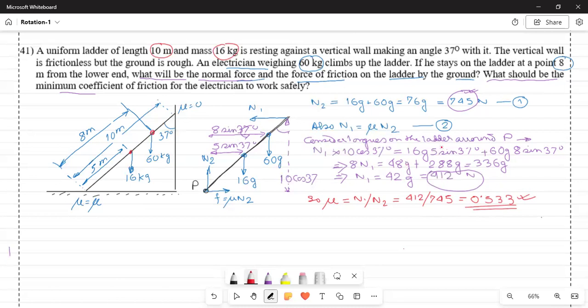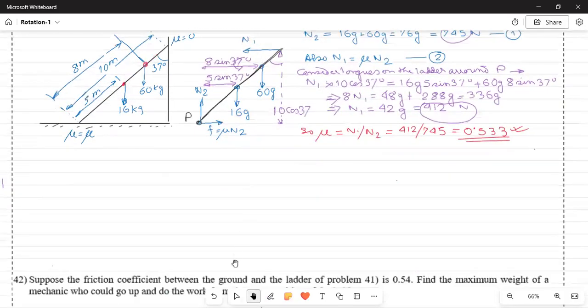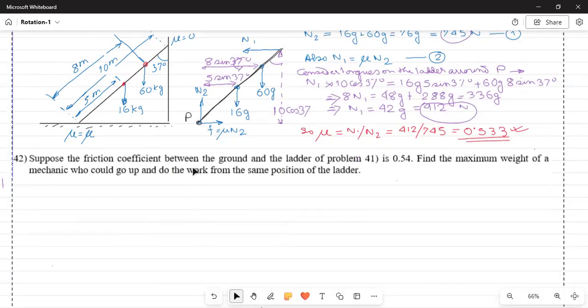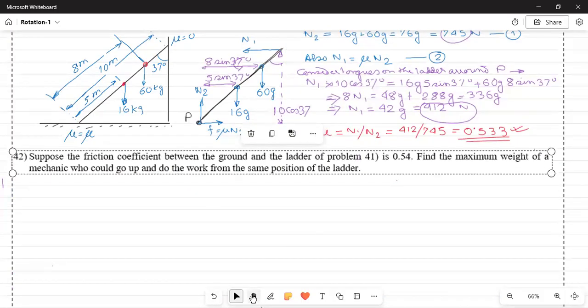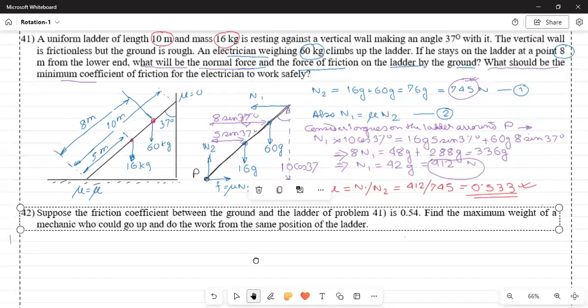Now, in this same go, we shall also take the next problem, because the next problem is only a tail end of this problem. So we shall take the next problem together. What does this next problem say?